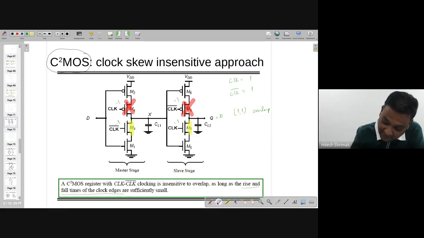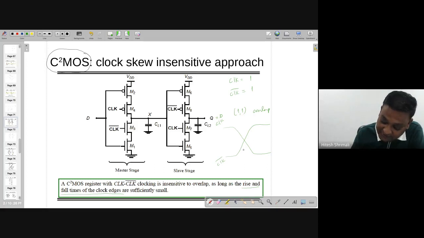It means if by chance all four will be on, by chance clock, clock bar, clock all are on, that can happen when you are going from 1 to 0 and 0 to 1. Let's say this is going clock and this is going clock bar.